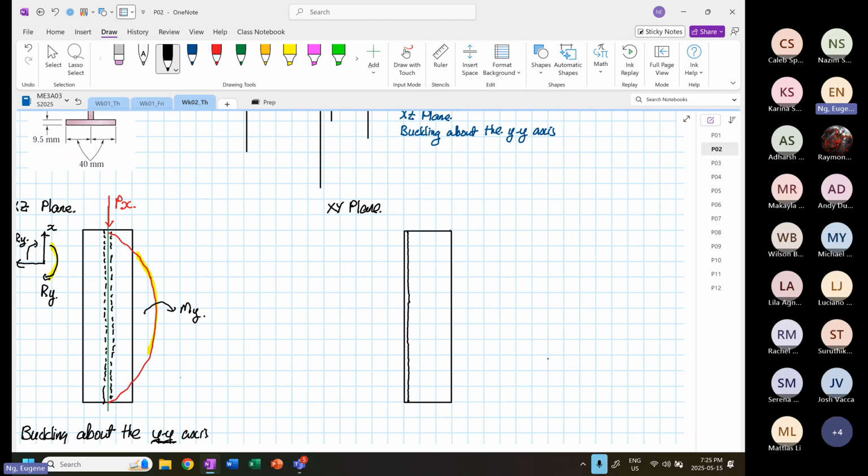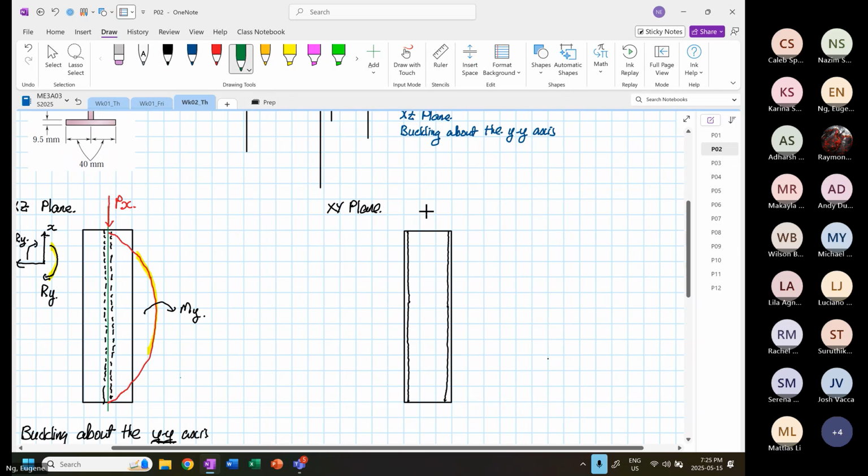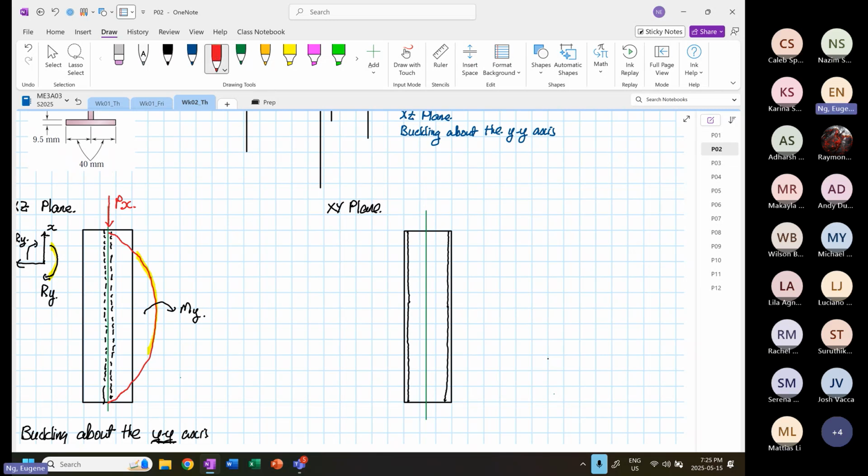You have no hidden details or hidden features over there, right? Then we have our geometric centroid. Then we still have our P, and P is still in the X direction.